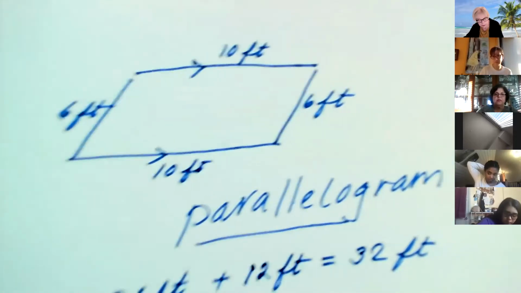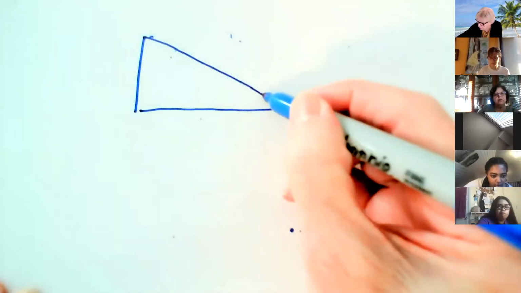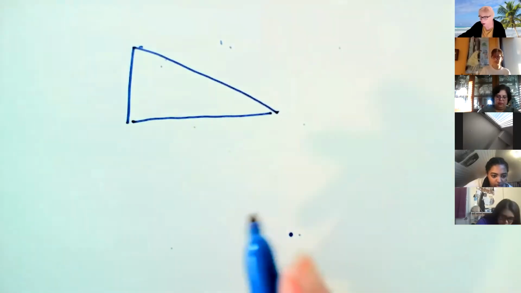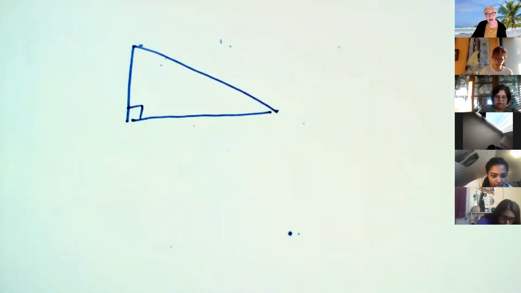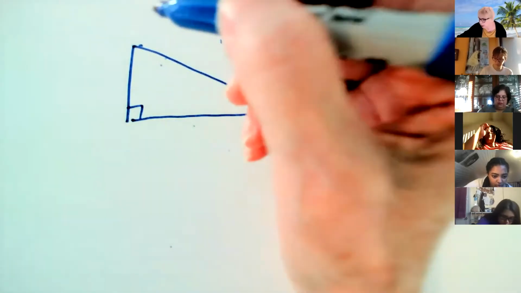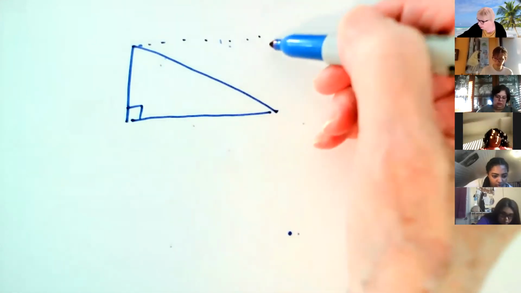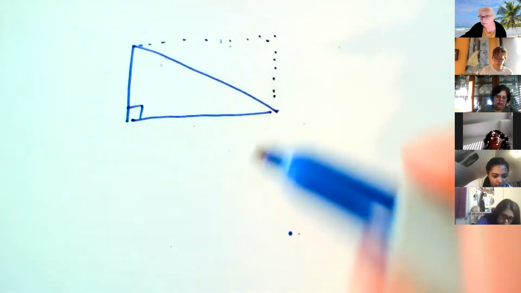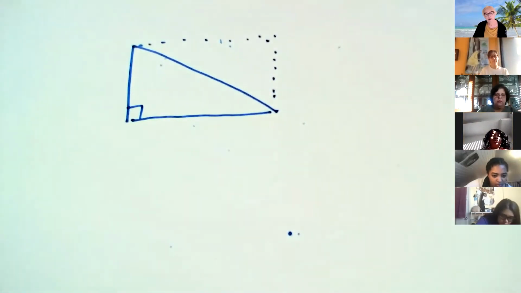Now, there's one more. And the one more is a triangle. And I'm going to start with this shape. And I did this before, and I've actually made it like 90 degrees. So it's kind of like a rectangle. In fact, I want you to see visually that the triangle is really half of the rectangle.